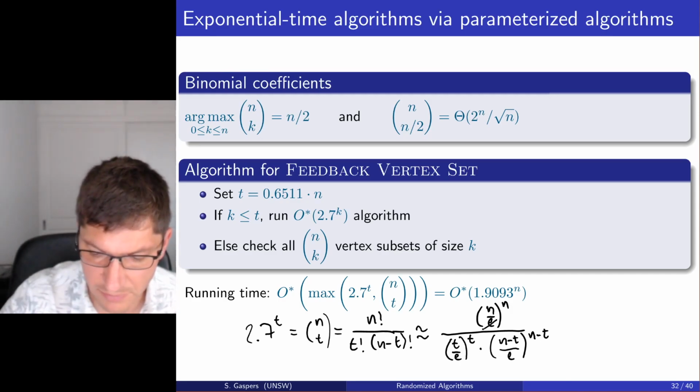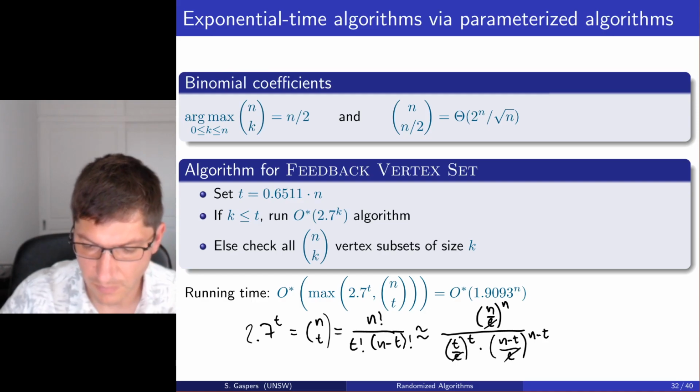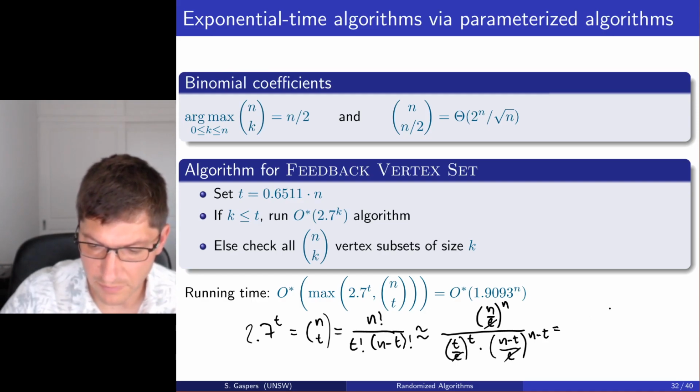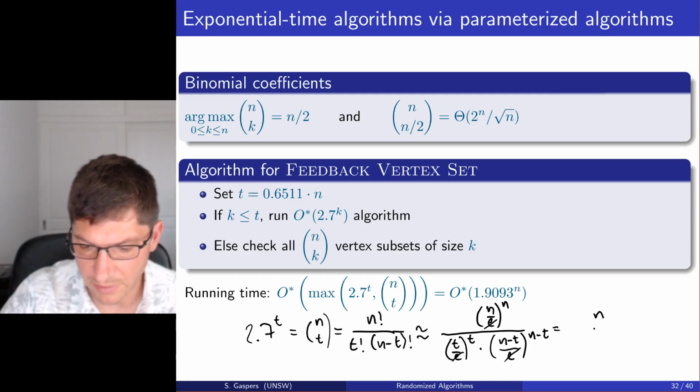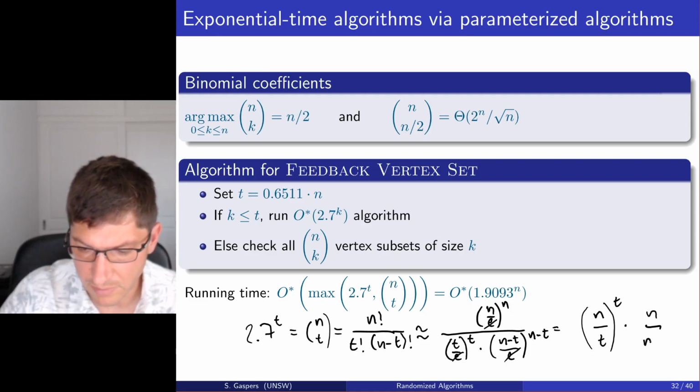So we can just simplify this. So now we have that this is equal to n to the power n divided by t to the power t. And actually I'll split up n. I'll say, okay, n appears t times over here and n minus t times over here. So here we have n divided by n minus t and all of it to the power n minus t.